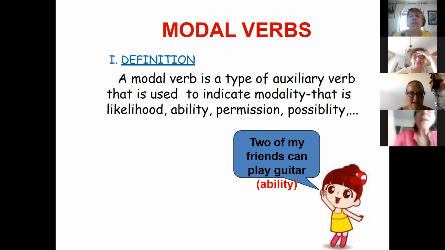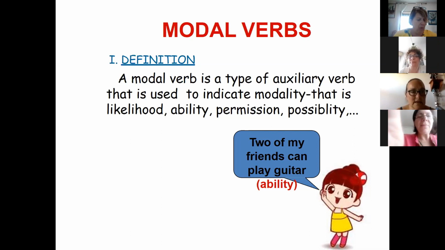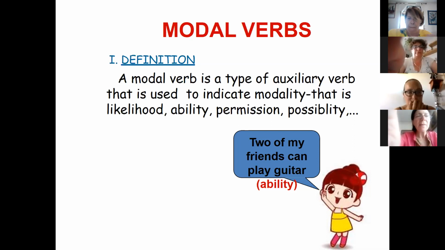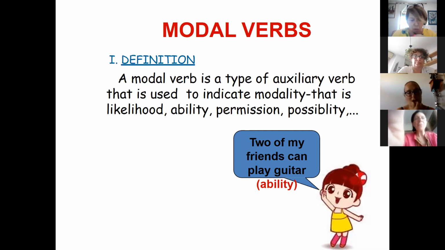Okay, we are trying to see a bit of revision with the modals. I'm sorry, Paola, but also today I'm not hearing your voice well. Let me try. What about if I use the headphones? Probably it could be better. What about now? No, okay. Now I can't see it all.